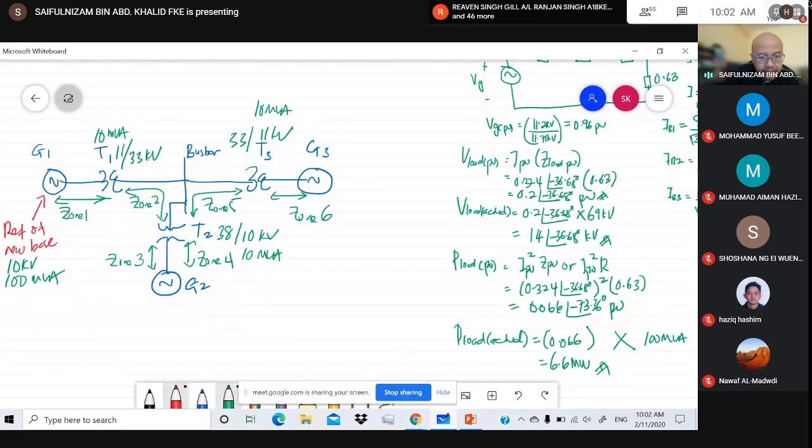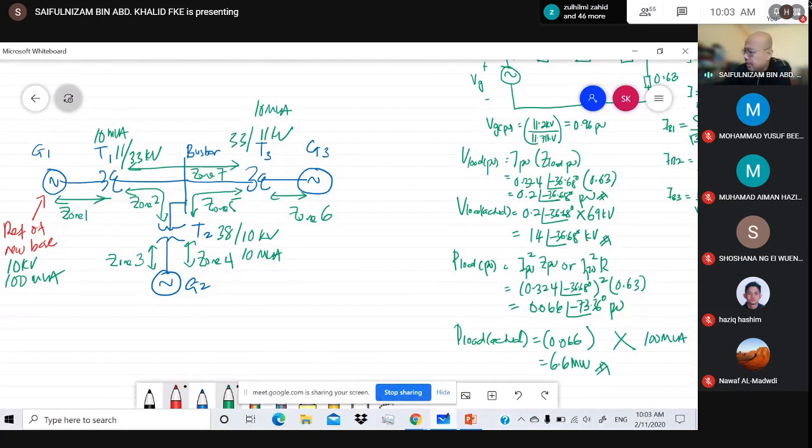Sorry, there is another one here, zone 7, from the HV side of T1 to the HV side of T3. And also the rest, from the LV side of T3 to generator 3, from the LV side of T2 to generator 2, right?